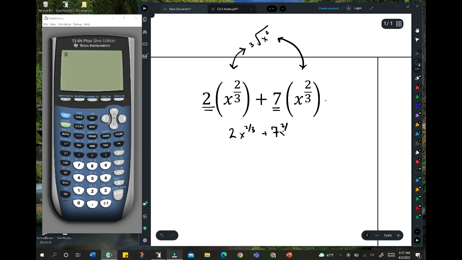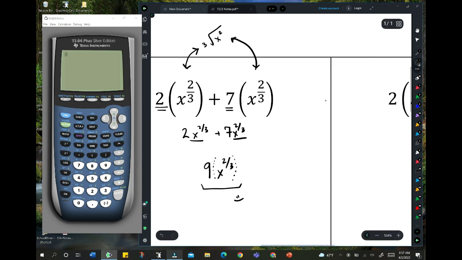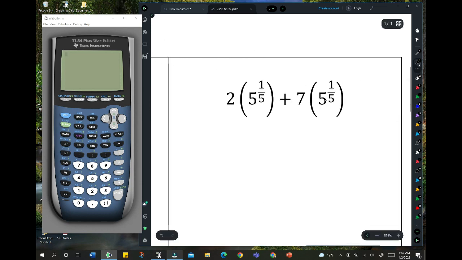You might also see it like this, without the parentheses, and it really means the same thing. So recognizing our base, that just means we have 9x to the 2/3. You don't need those parentheses. If you want to keep them in there, you can. But that is the answer. All done. So same exact radicals can be added.